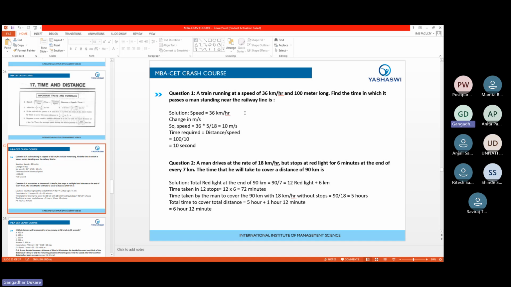Okay, that is a simple time and speed formula, on the basis of the simple formula speed equals distance upon time. Only the speed needs to be calculated in meter per second, and we put these values in the formula. Okay.